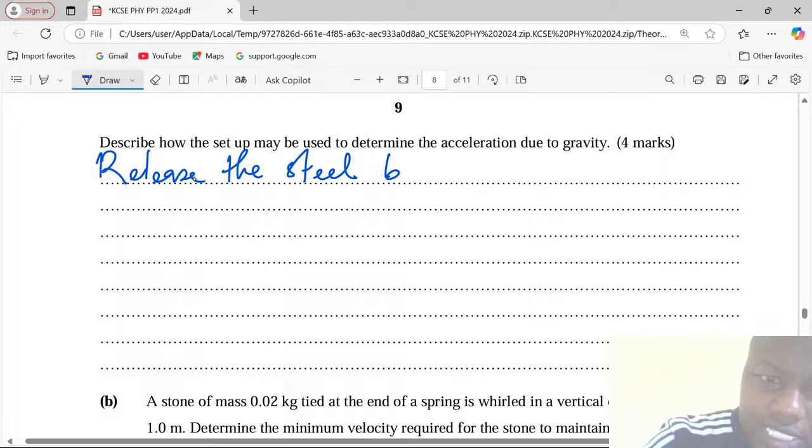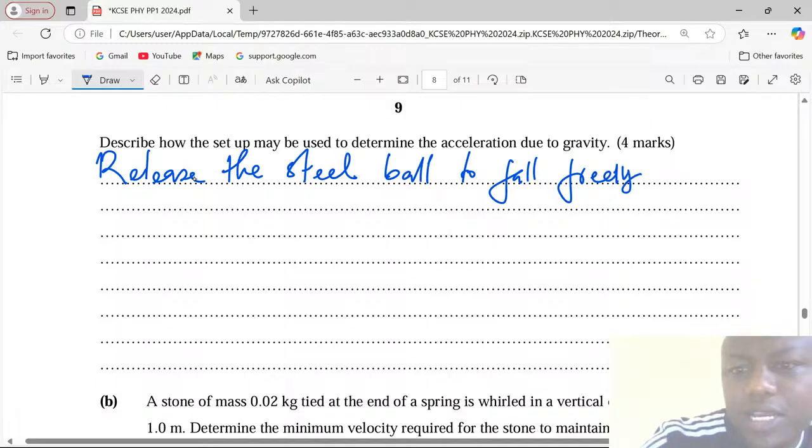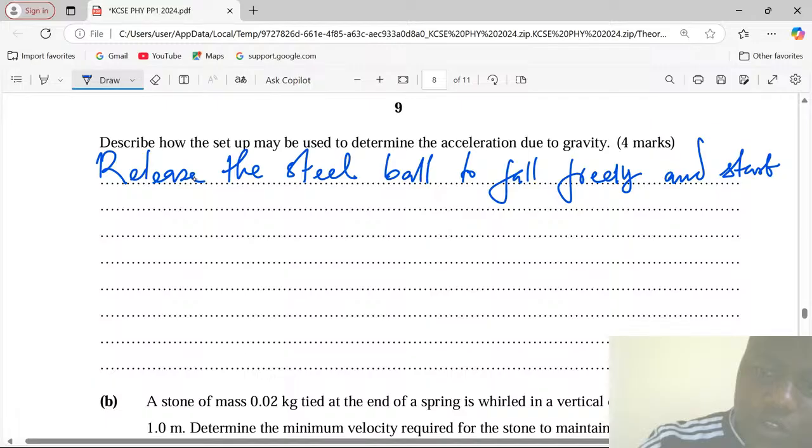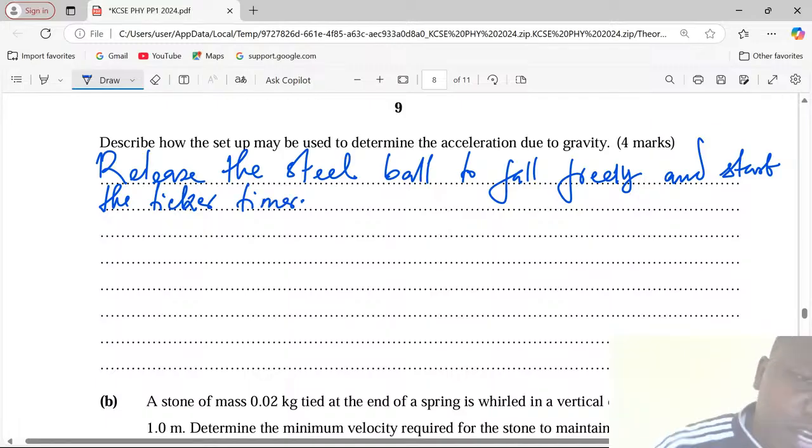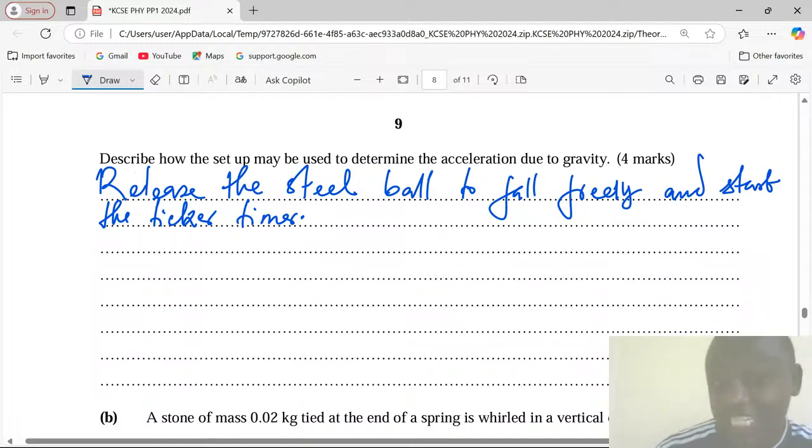Release the steel ball to fall freely and switch on the ticker timer. Remember, the ticker timer is operating under a certain fixed frequency. There is a rate at which the ticker timer will be making dots on the tape.